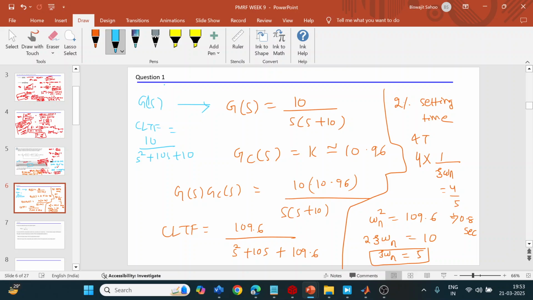By adding that compensator, is the value of settling time changing? Is the settling time changing?